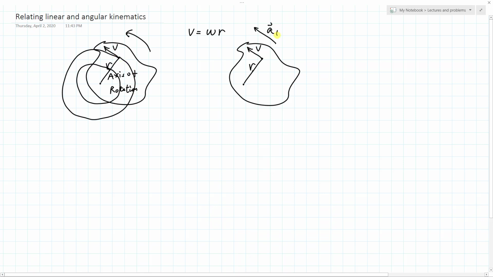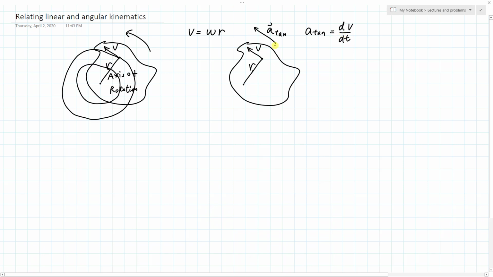We call this the tangential acceleration, which is tangent to the circle that this point traces. This is responsible for increasing the magnitude of the velocity. So this a tangential is basically dv over dt. This is just magnitude.